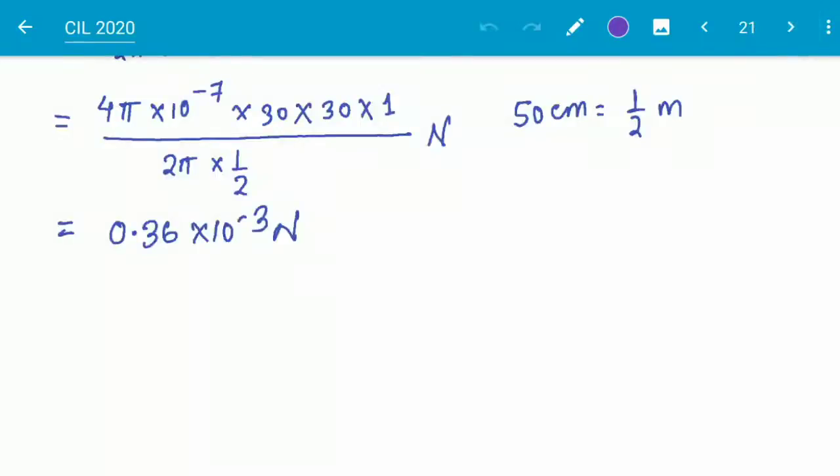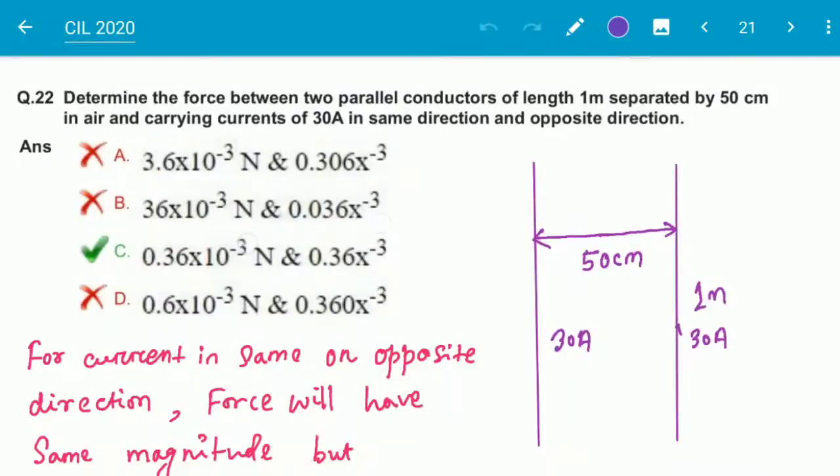Next question. Determine the force between two parallel conductors of length 1 meter separated by 50 centimeters in air and carrying currents of 30 ampere in the same direction and in the opposite direction.